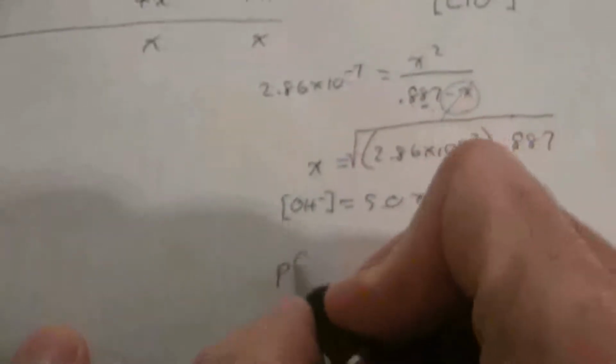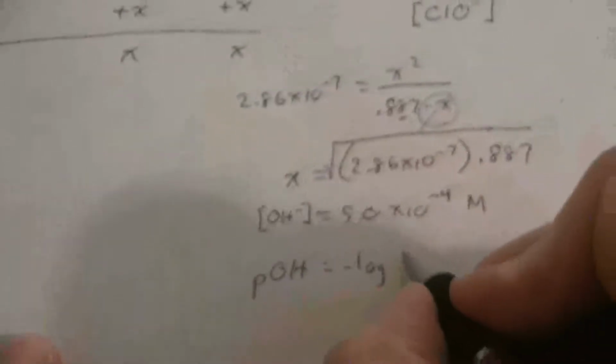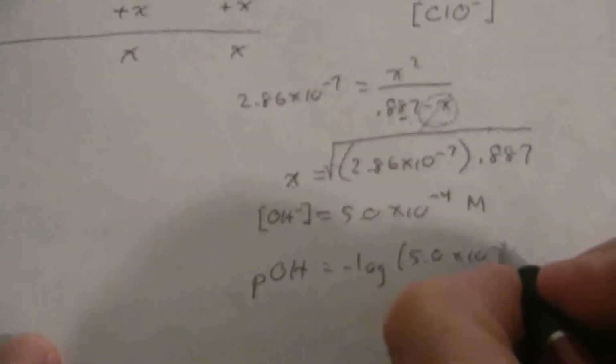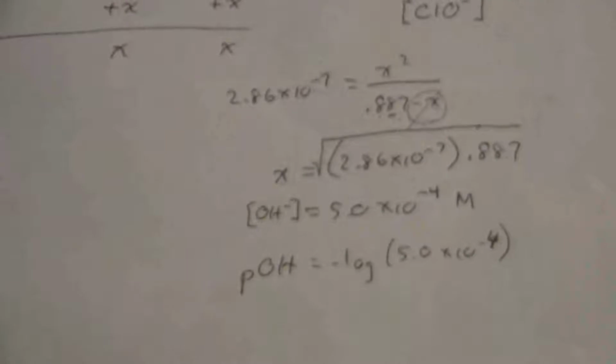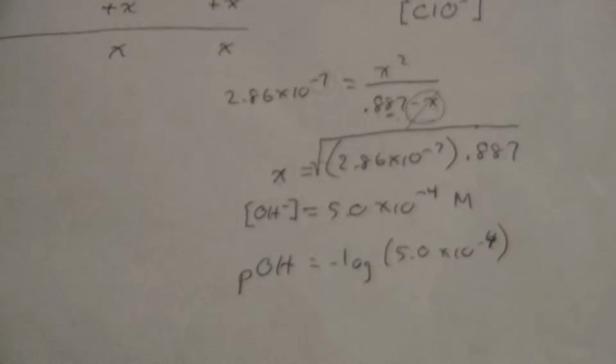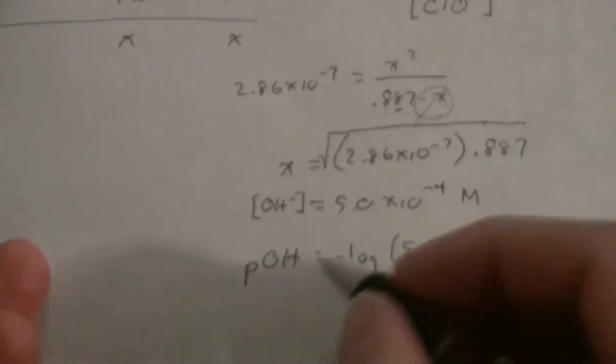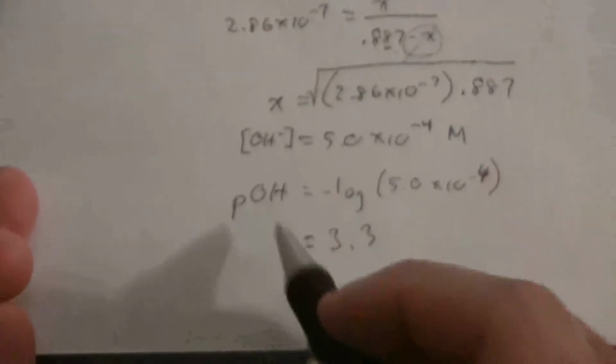We take the negative log of this to find the pOH. Negative log of that answer, and we get 3.3 for our pOH.